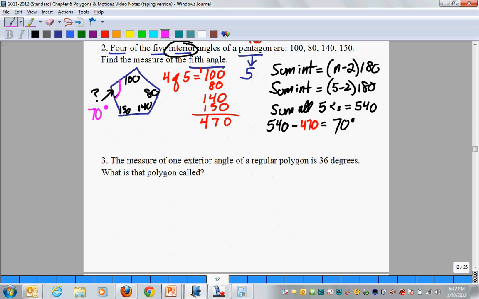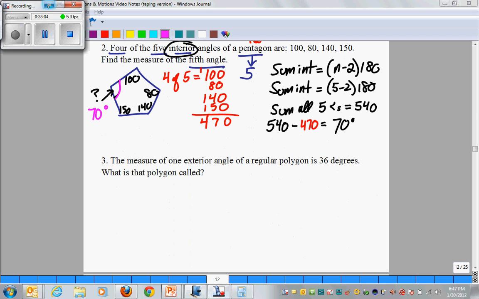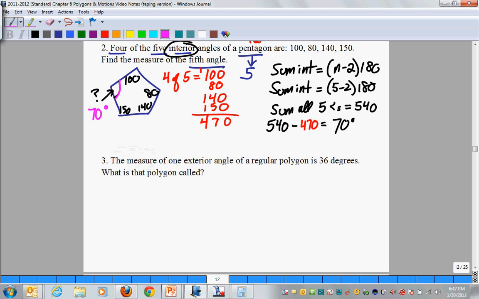One more problem. It says the measure of one exterior angle of a regular polygon is 36 degrees. What is that polygon called? Remember, when we name polygons, we call them by their sides. So when you're asked what is the polygon called, you're basically being asked how many sides does it have.